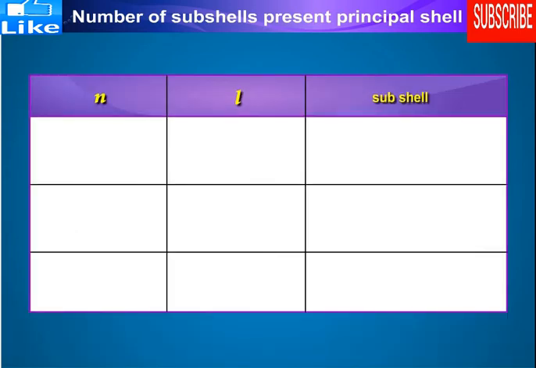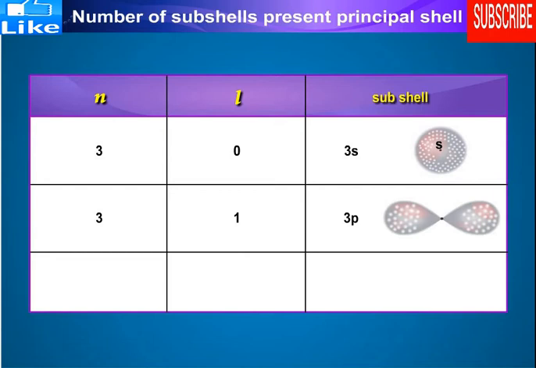Thus, n equal to 3 and l equal to 0, we have 3s subshell. n equal to 3 and l equal to 1, we have 3p subshell. n equal to 4 and l equal to 2, we have 4d subshell.